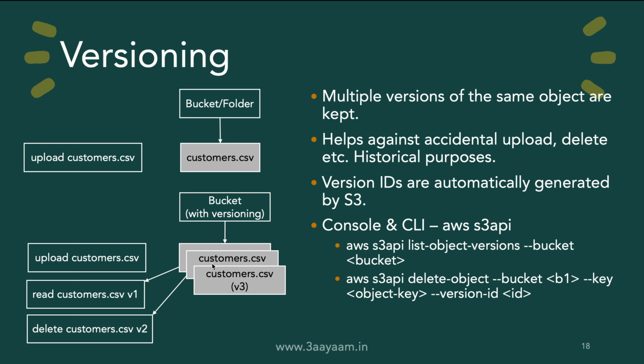If you want to store a particular file for historical purposes, say you have Python code, and after you change the Python code, you upload it and you have versioning enabled. If you upload that Python code in an S3 bucket or in a folder, you can go ahead and download those files and look at what actually happened, what changes you made.